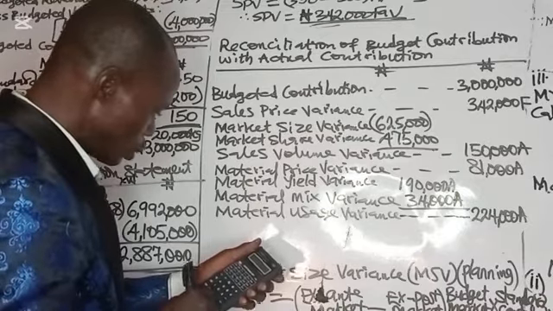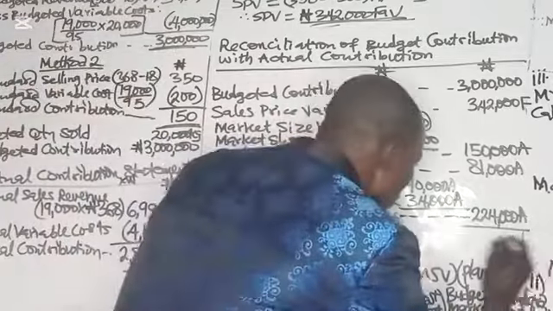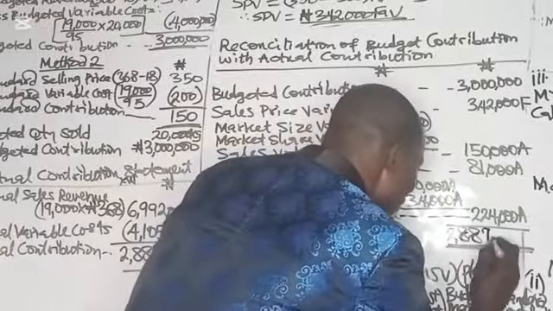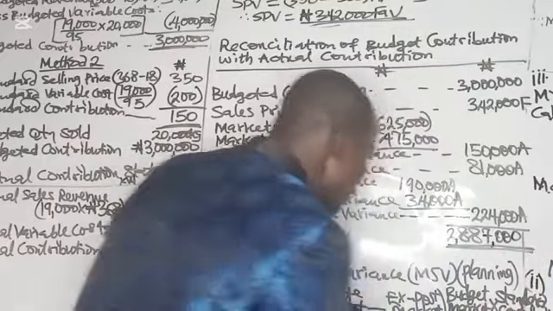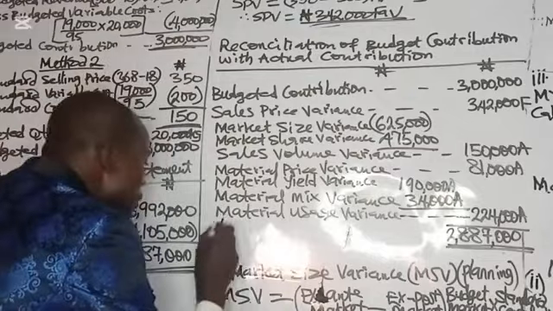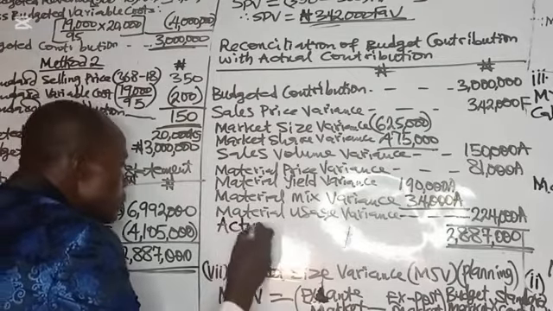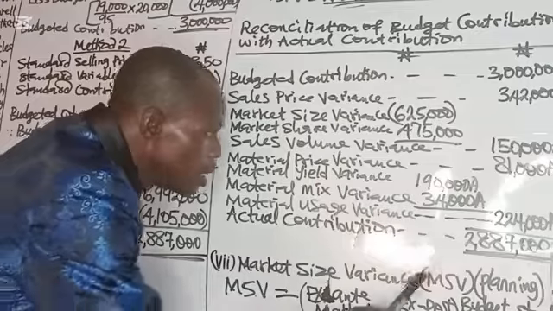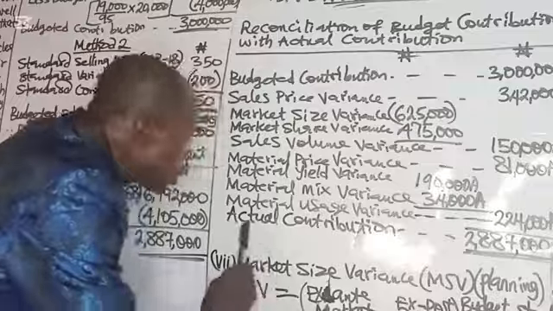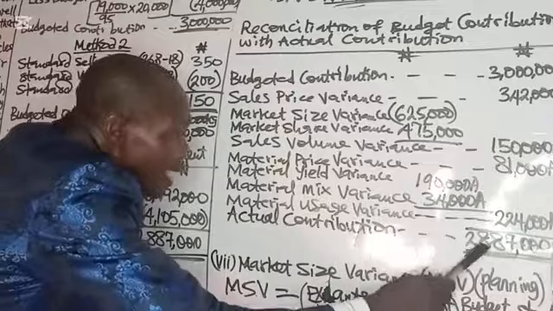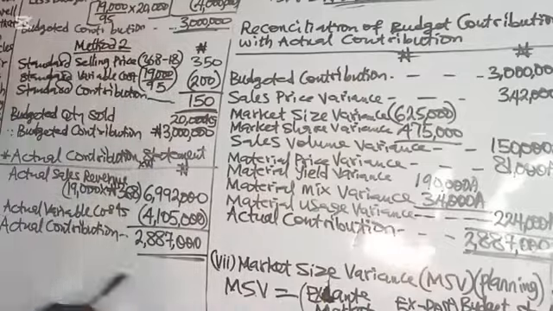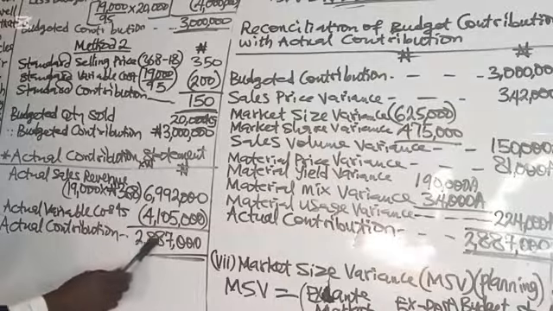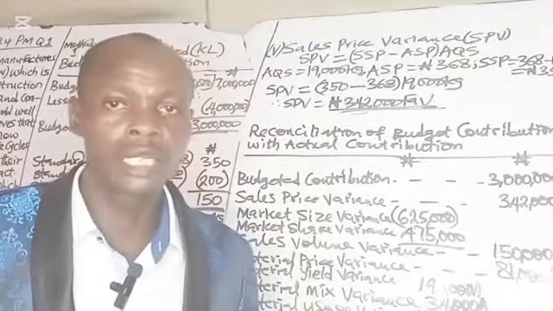The total is 2,887,000. This 2,887,000 is the actual contribution for the period. If you compare the actual contribution obtained from our reconciliation statement with our initial calculation of actual contribution, you will discover the two are the same, 2,887,000. This marked the end of the solution to the question.